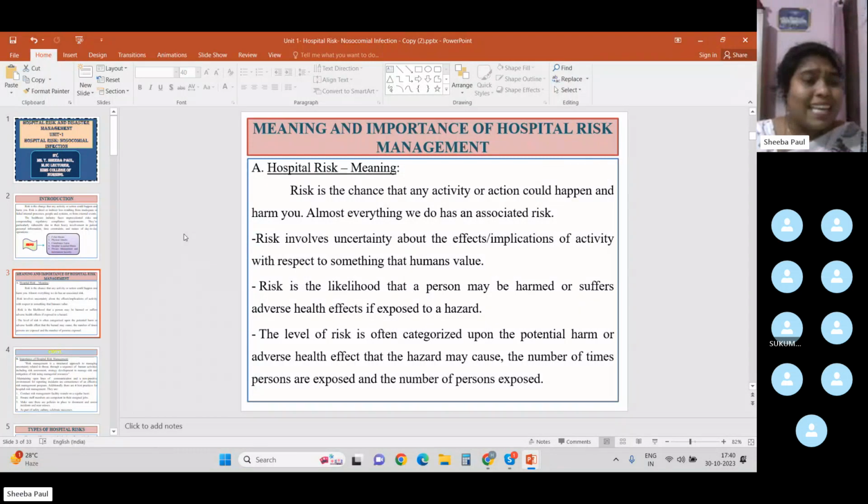Can anybody give me an example of a condition with risk? Anyone from the group, give me an example of a person who walks into a hospital with a disease condition, and the doctor diagnoses a complicated condition wherein even in spite of doing surgery, there will be some risk factors.